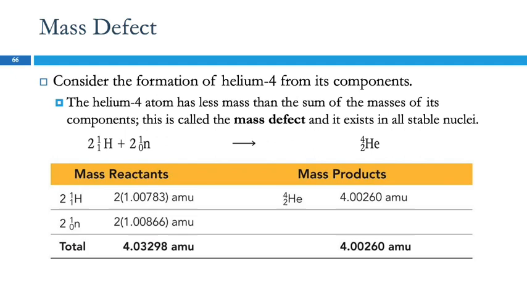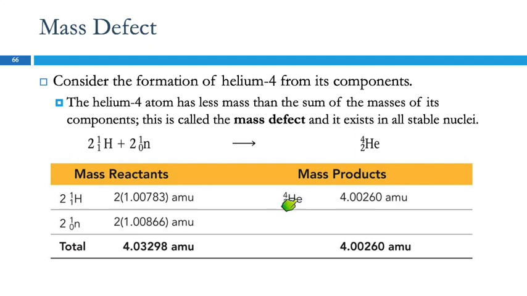So we have a concept here called the mass defect. If we look at helium-4, and we look at that helium-4 nucleus, it has 2 protons, 2 neutrons. If we add up those masses, we get 4.03298.